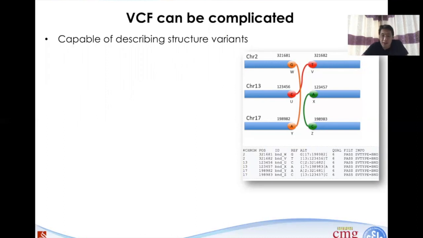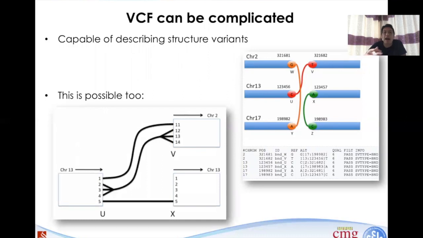Or if you think this is still not complex enough, actually this is possible too. Honestly, I don't know how to do that, and unless you are doing structural variation research every day, you probably don't need to know the details, but just have a general idea that all this information can be documented in the VCF format.